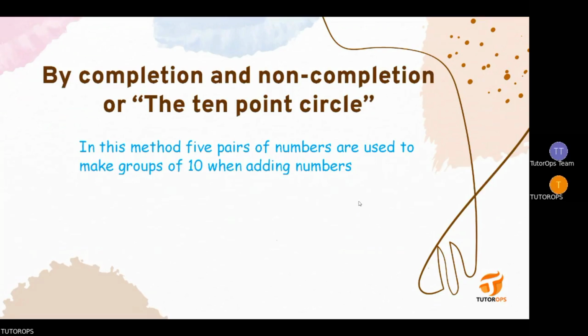Firstly, we need to learn that in this method 5 pairs of numbers are used to make groups of 10 when adding numbers. Those pairs are 1 plus 9, 2 plus 8, 3 plus 7, 4 plus 6, and 5 plus 5. We know these 5 pairs will result in 10.